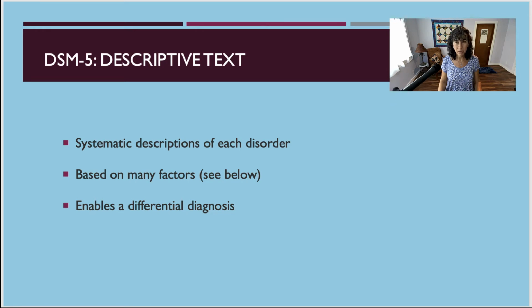So the descriptive text can be pretty lengthy and very detailed. And again, it enables a differential diagnosis, so it enables us to make the clearest diagnosis that we can.